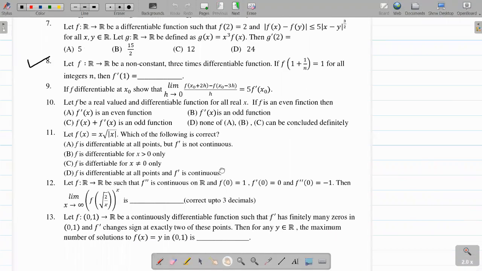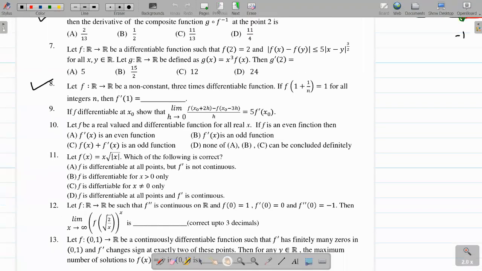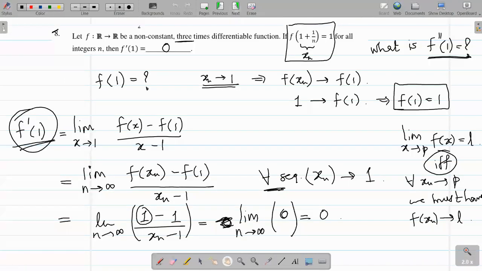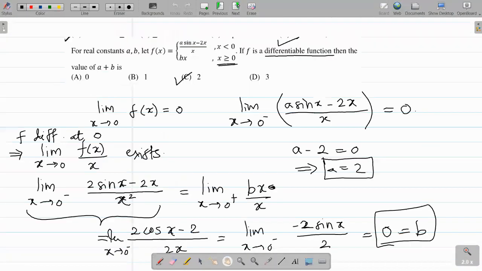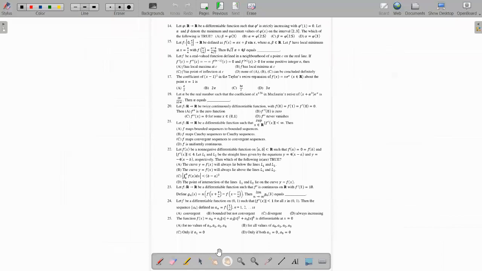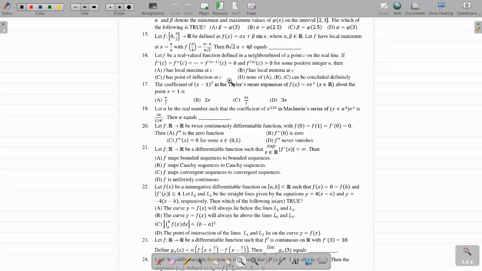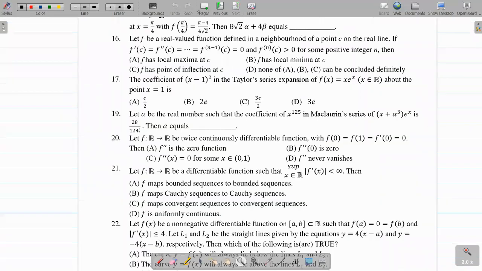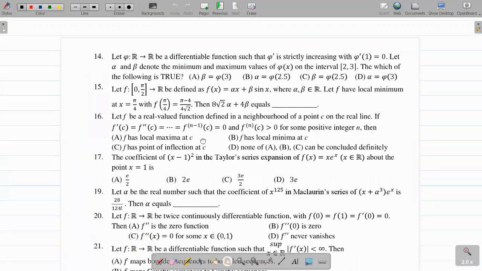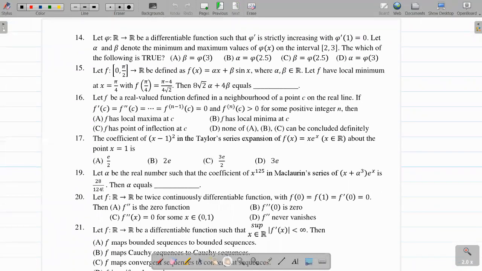Maybe we go to another page. You can look at 14.